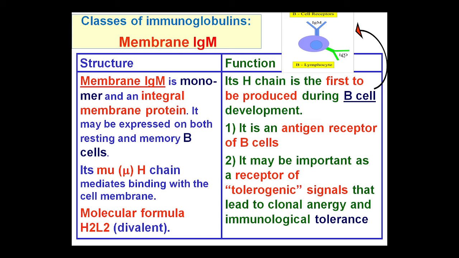Membrane immunoglobulin M. What is this membrane immunoglobulin M? It is a monomeric molecule and an integral membrane protein that serves as the antigen receptor of B lymphocytes. So this is a B lymphocyte.